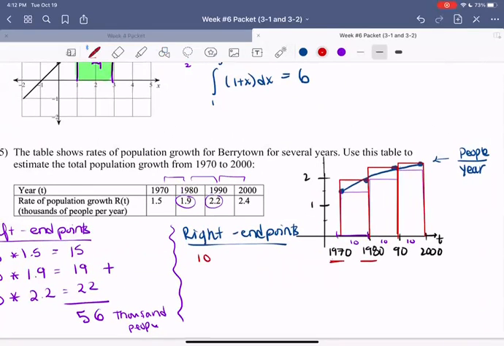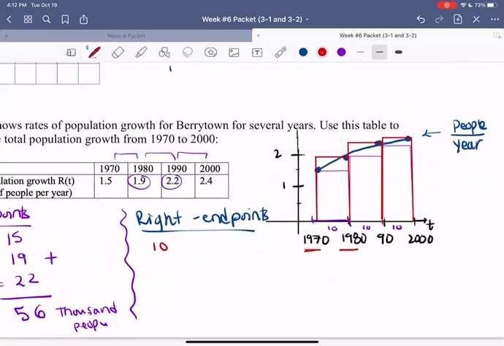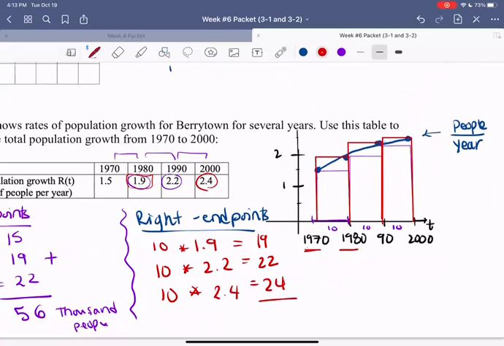Again, our width is going to be 10, but now the first rectangle has a height at the output at 1980, so a height of 1.9. The next rectangle has a height of 2.2, and our final rectangle has a height of 2.4. So our areas would be 19, 22, and 24. When we add all those up, we should be getting 65,000 people.